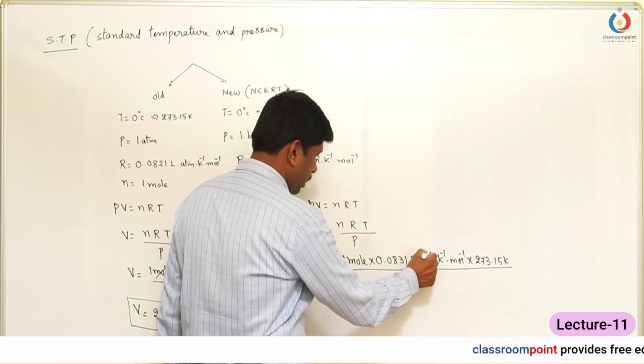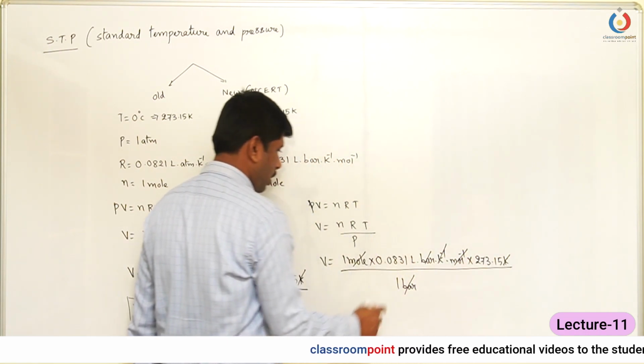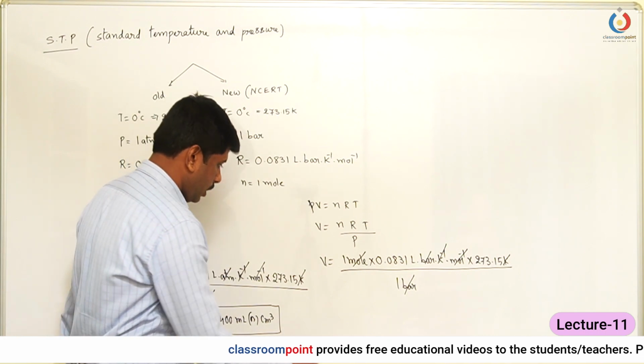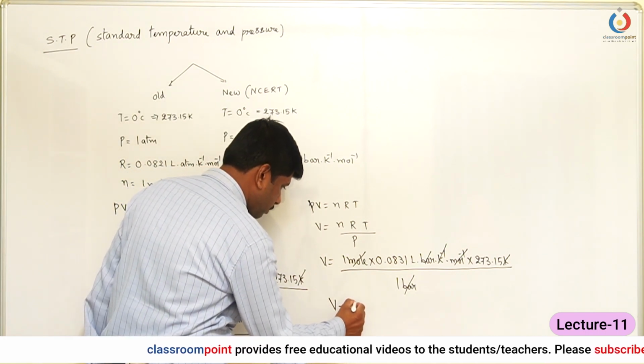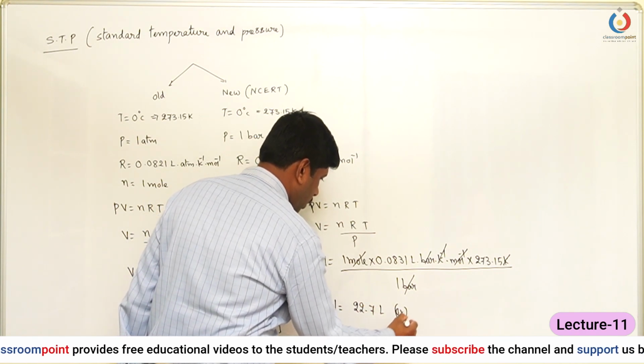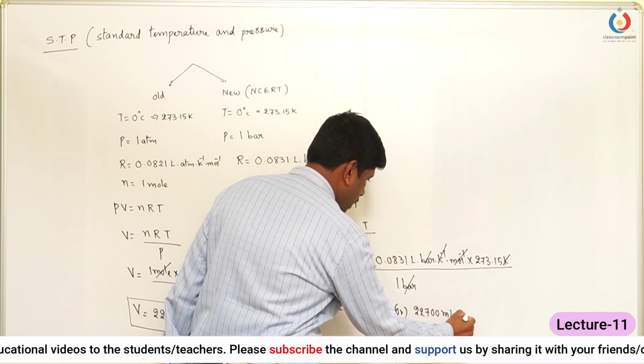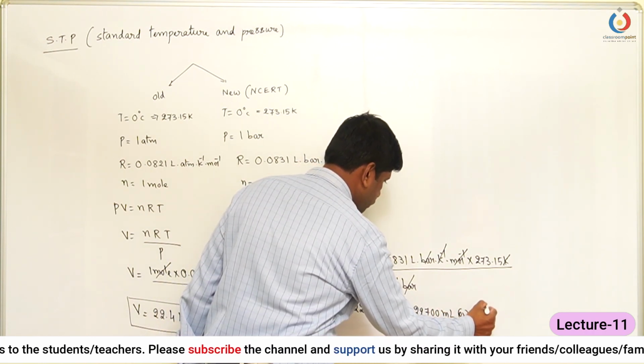So bar cancels out, moles cancel out, kelvins cancel out. Final volume again in liters. This volume equals 22.7 liters, or 22,700 milliliters or cubic centimeters.